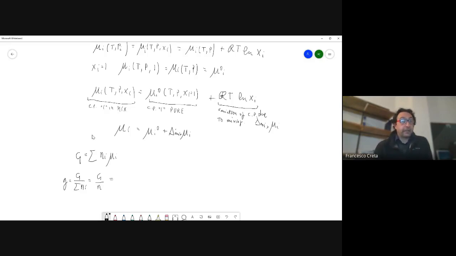And by dividing by N, this will be the summation of Ni divided by N, which is Xi, times mu I, okay? And this we can write right away as Xi mu 0 plus RT logarithm of Xi, okay?